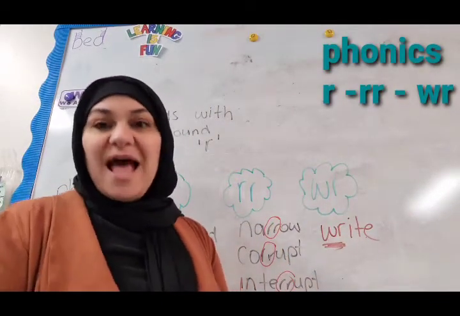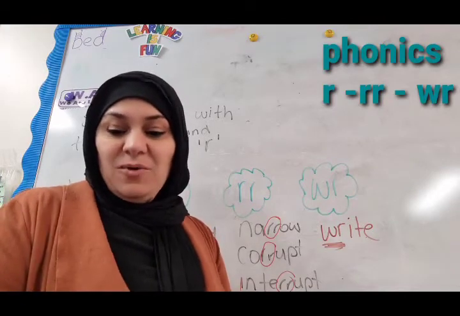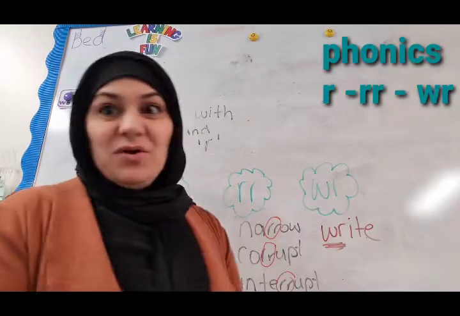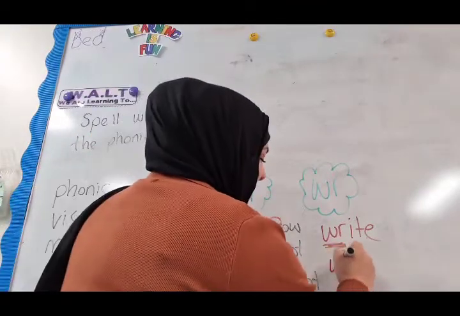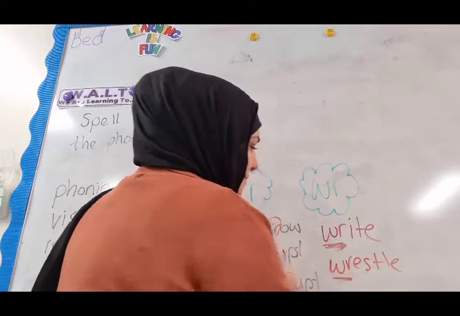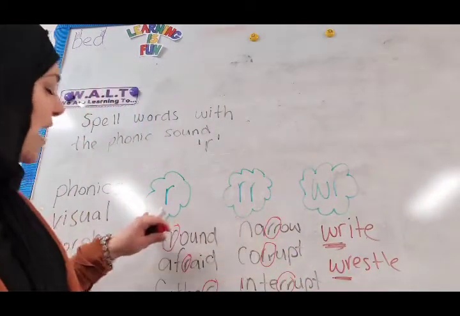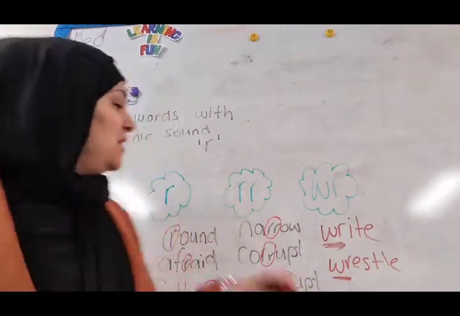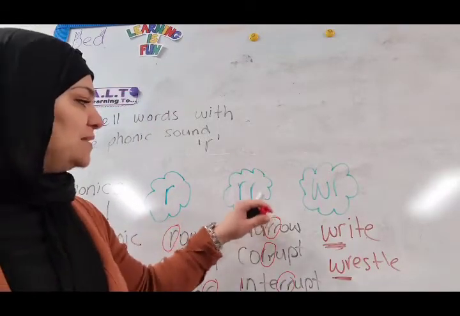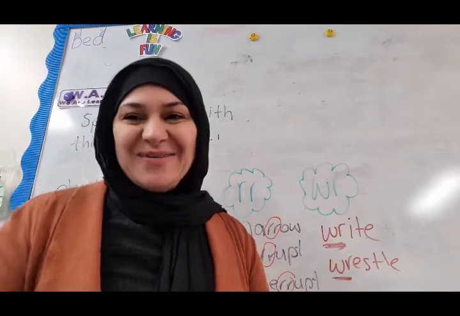Another word that has the sound in it with W and R, can anybody think of any? Something that some of the children like to do sometimes? Wrestle. So that's the 3 phonic ways that we can represent the sound: R, 2 R's together, and a W and an R.